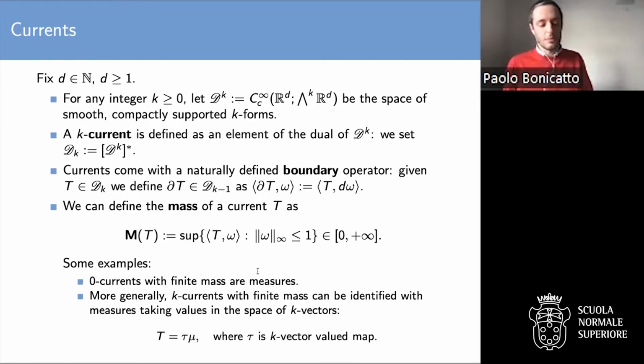So if you want, it's a multi-vector valued analog of distributions. This is the standard definition, and I'll be using the standard notation D_k to denote the space of currents. Currents are also called generalized surfaces.